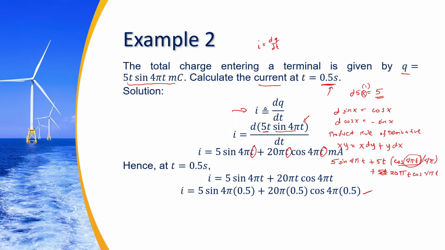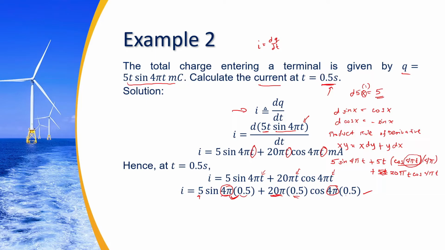I-substitute natin yung 0.5 doon sa t. Kapag pinag-multiply natin, itong 0.5 na ito i-multiply ba dito or dito? Syempre, saan ba siya nakadikit? Dito siya nakadikit, kaya diyan mo lang siya i-multiply. Since nakadikit siya sa amplitude natin, o sa magnitude natin, doon mo siya i-multiply. Doon mo rin siya i-multiply sa 4 pi.